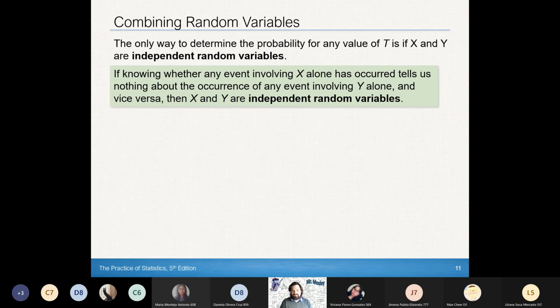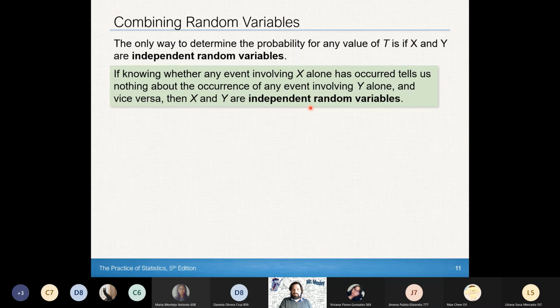We call things independent if knowing one doesn't change the probability or likelihood of the other. So if knowing whether any event involving X alone has occurred tells us nothing about the occurrence of any event involving Y alone, and vice versa, then X and Y are independent random variables.